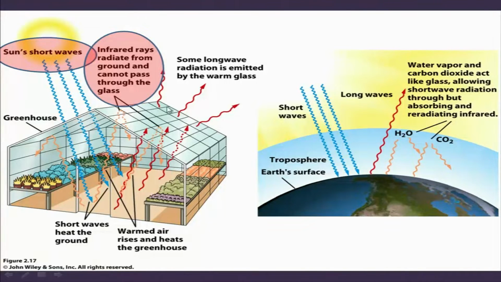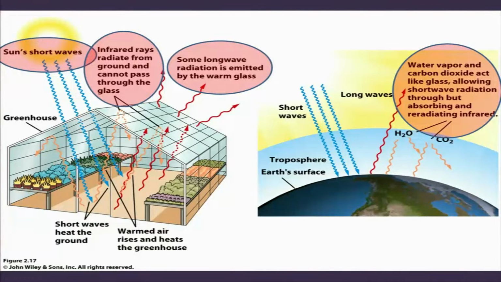Some long wave radiation goes through the glass, and glass is very similar to what we can compare to the atmosphere. So in total this is the process which results in the greenhouse effect and warming of the earth's surface.